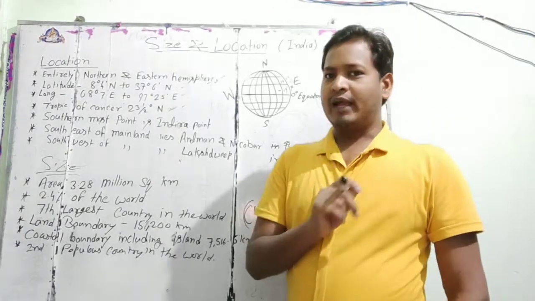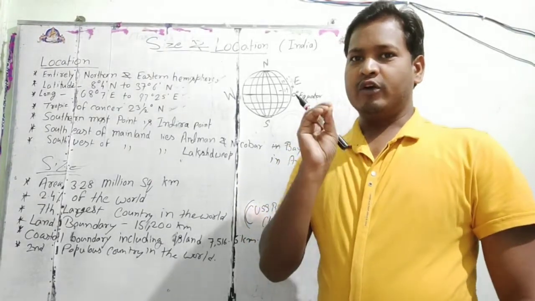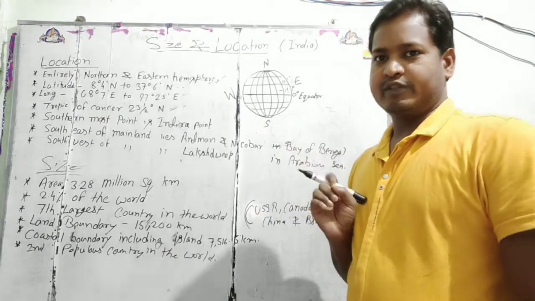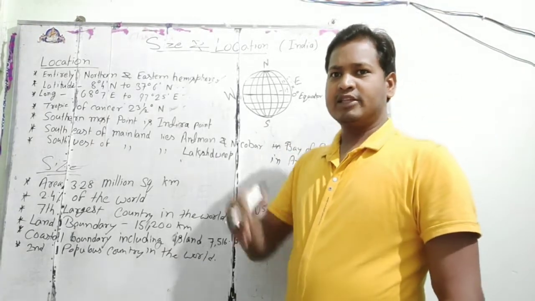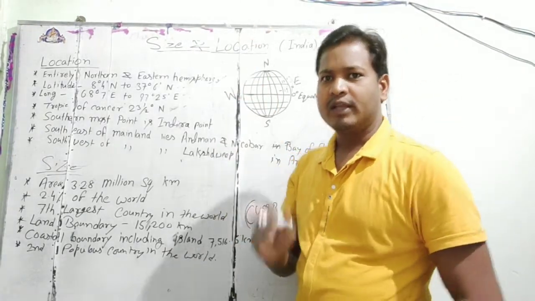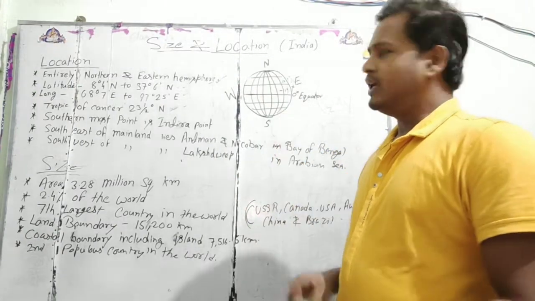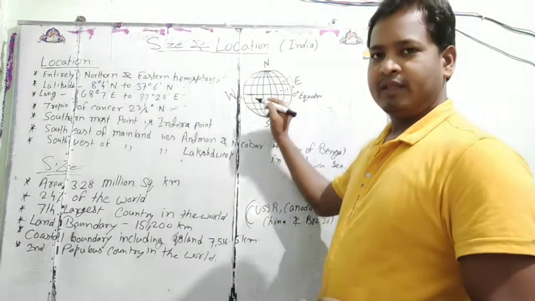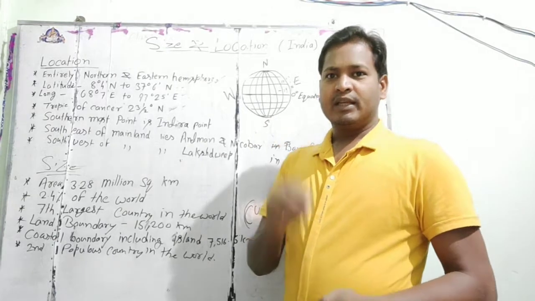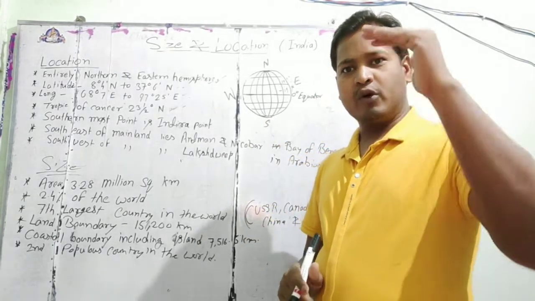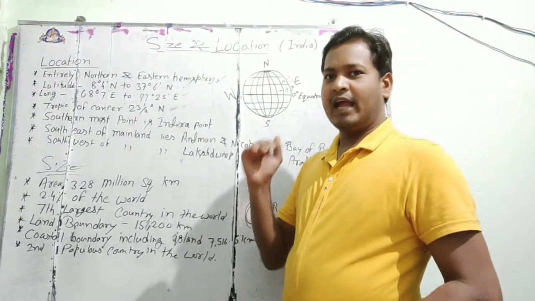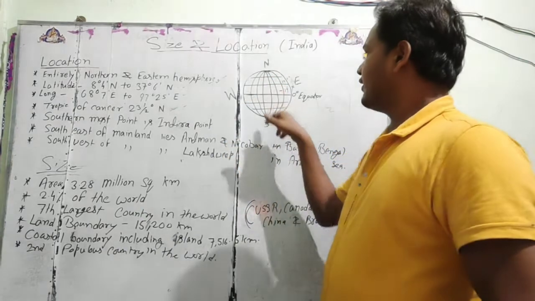These two types of lines are known as longitudes and latitudes. The line that is drawn from north to south, that line is known as longitude. Again I am repeating, the line that is drawn from north to south, that line is known as longitude.